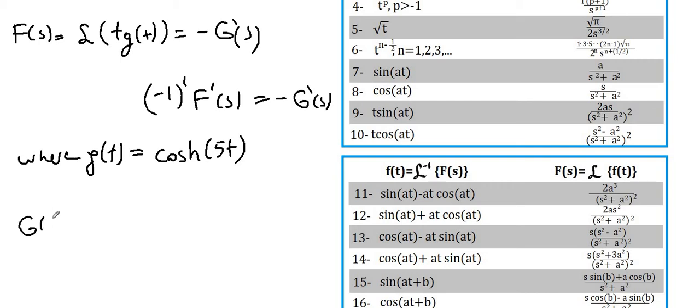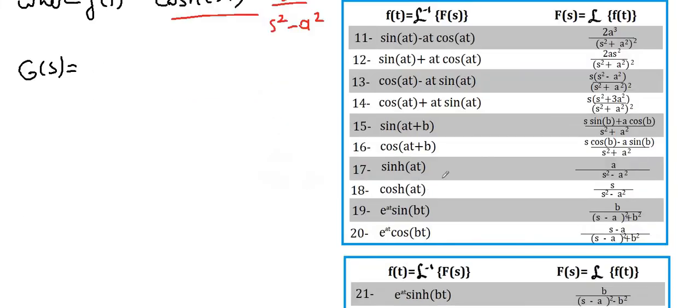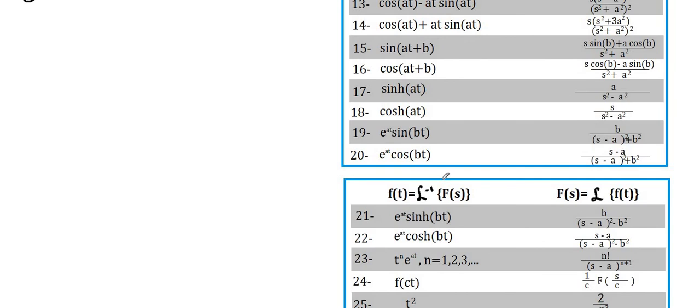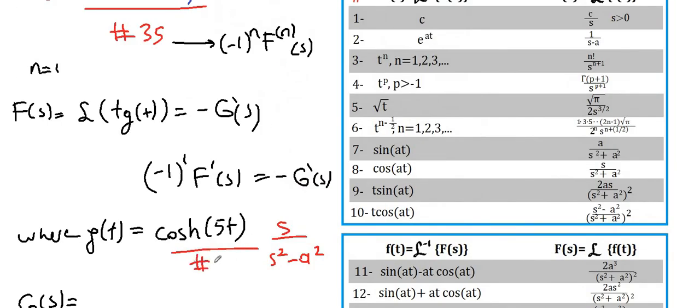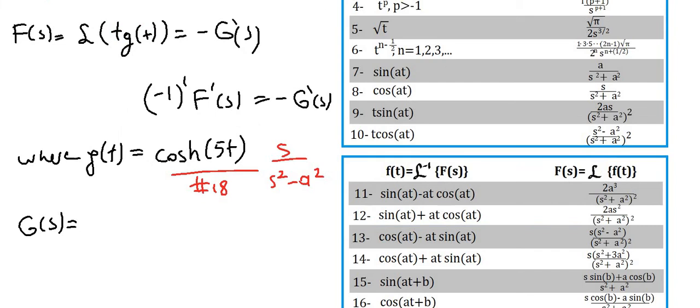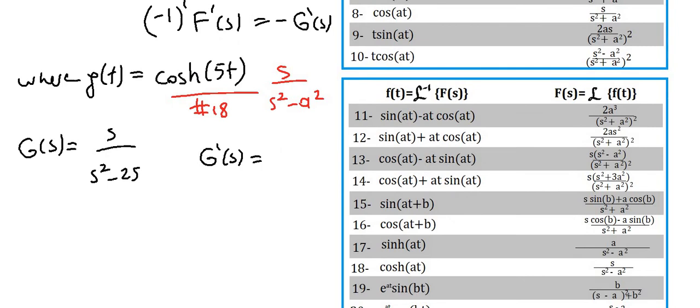Now our G of s is equal to the Laplace of cos of 5t. We know the formula for cos, which is s over s squared plus a squared, as in number 18. So we can make up Laplace of cos of 5t, which is s over s squared plus 25. And we need to make up G prime of s. We're going to take the derivative of this function using the quotient rule. Let's remember the quotient rule.